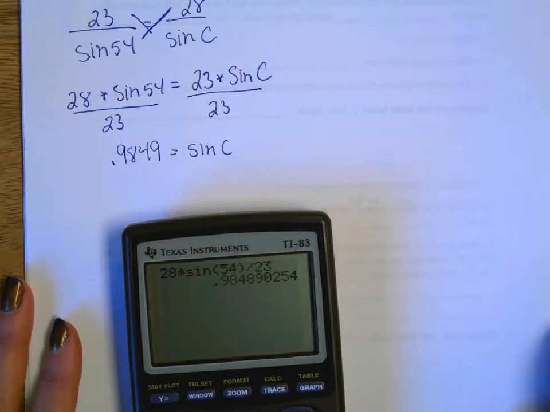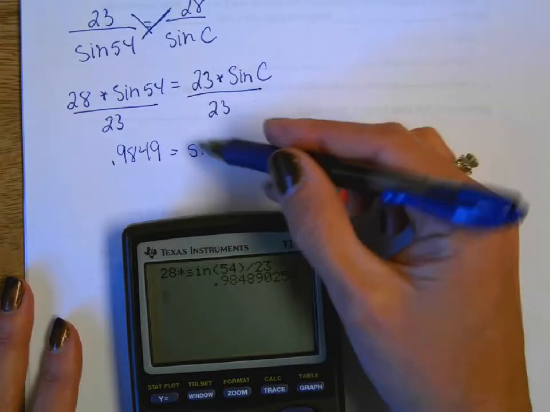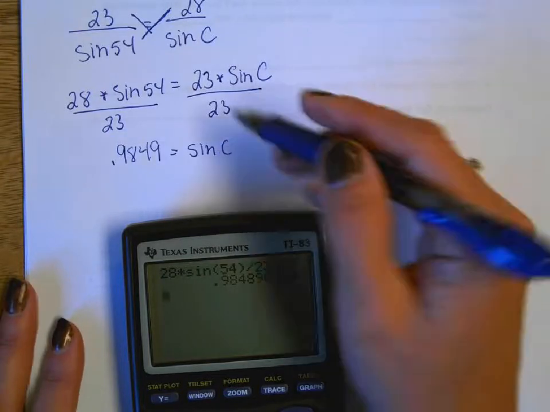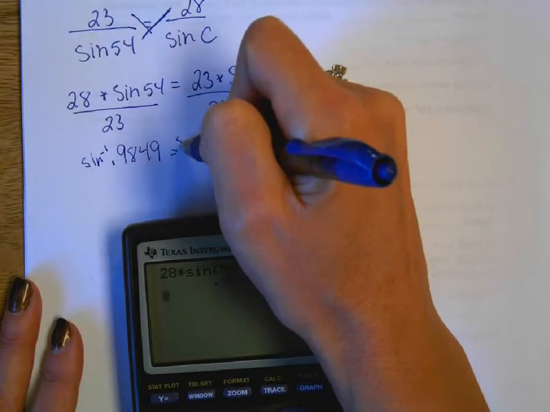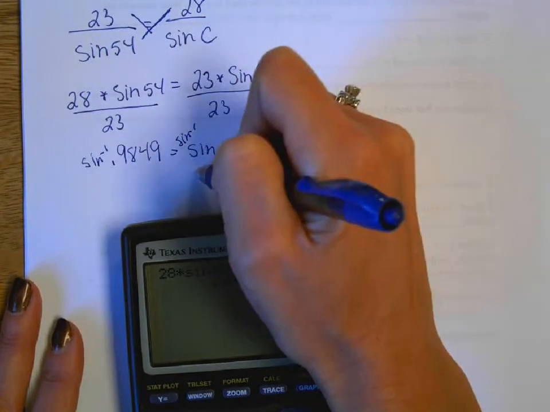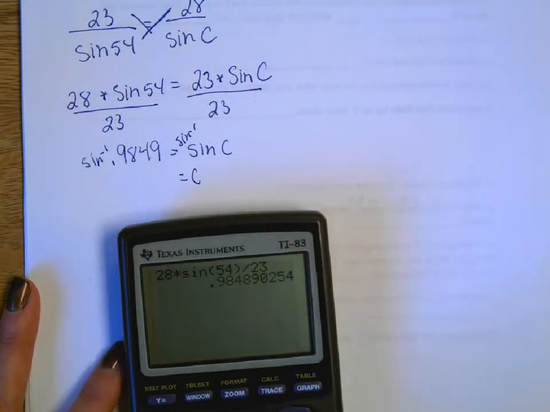Inverse sine. So if I know the sine ratio and want the angle, I'll do the inverse sine. So C equals the inverse sine of that answer. I got an 80-degree angle.